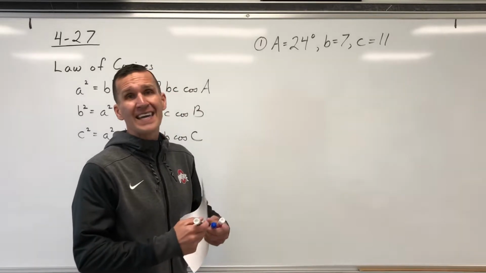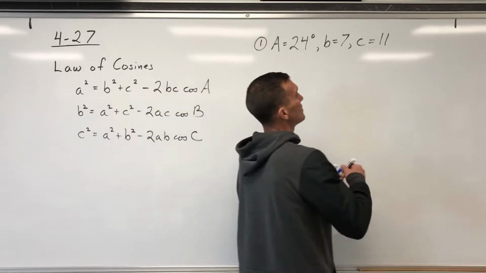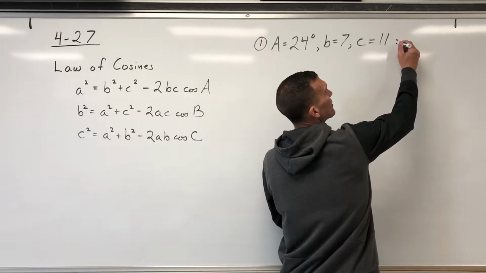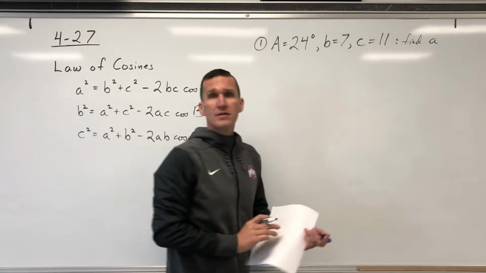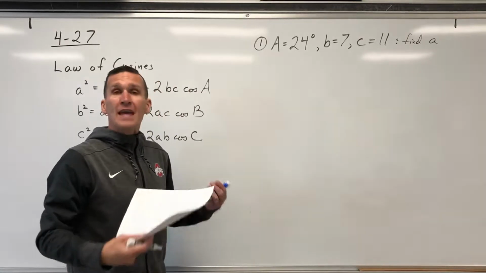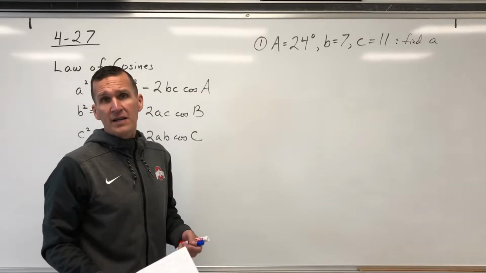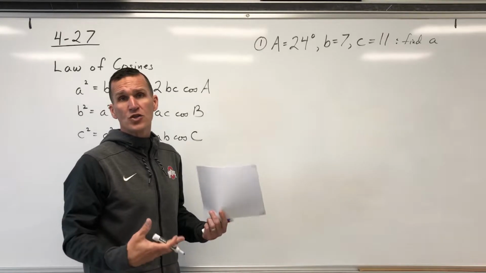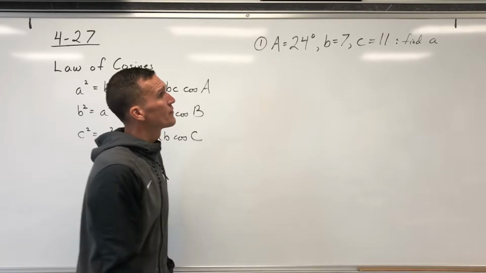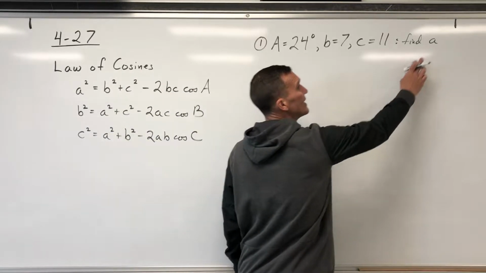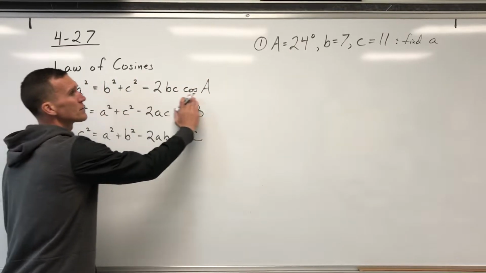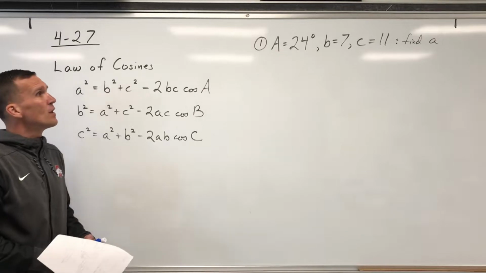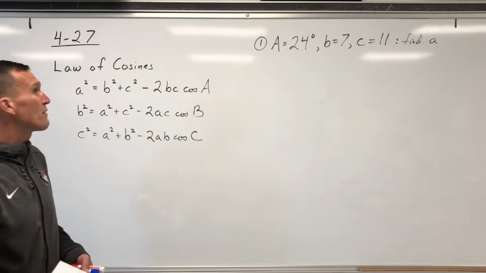We're going to find little a, so we can add a colon and say find little a or side A. The angle or side you're going to find is the dead giveaway of which formula to use. If you're going to find little a and you're given big A, we're going to use the first formula here.